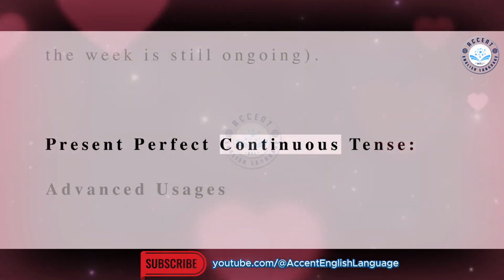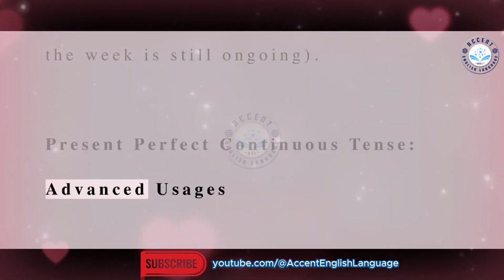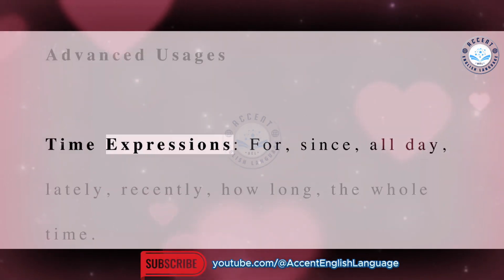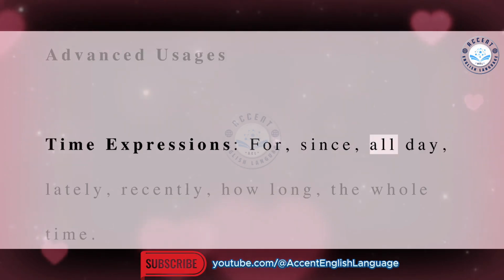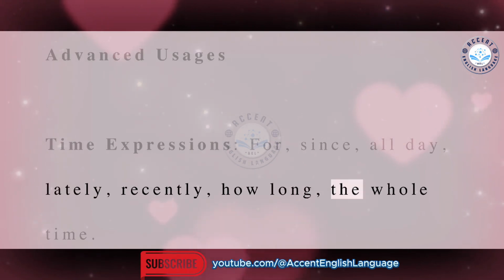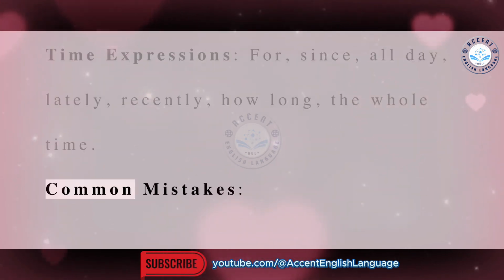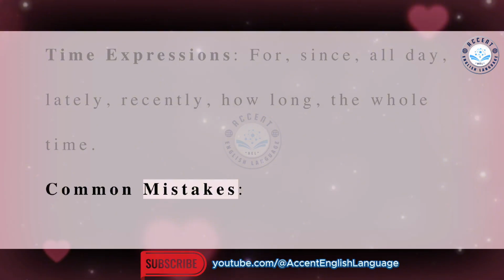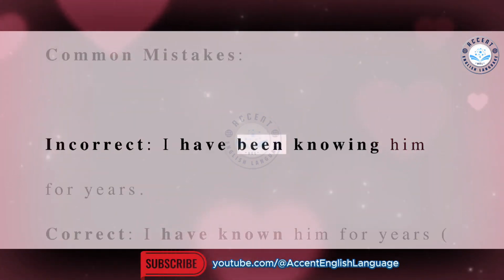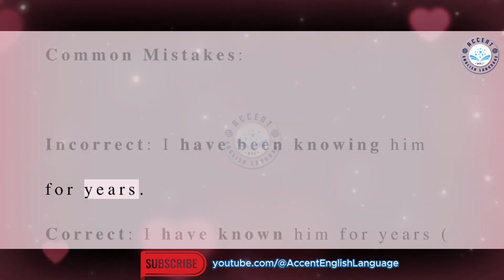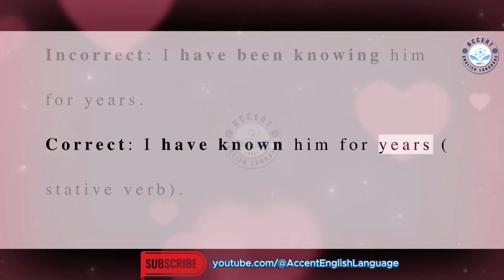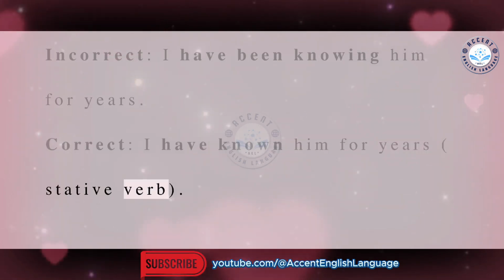Present perfect continuous tense, advanced usages. Time expressions: for, since, all day, lately, recently, how long, the whole time. Common mistakes. Incorrect: I have been knowing him for years. Correct: I have known him for years, stative verb.